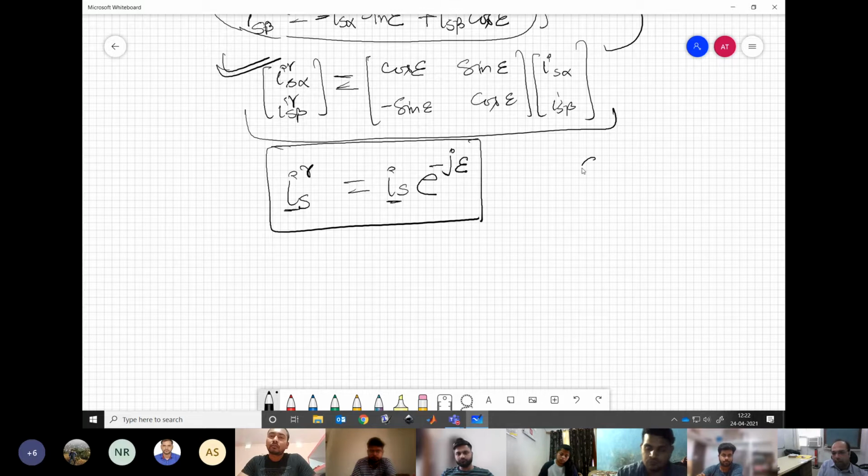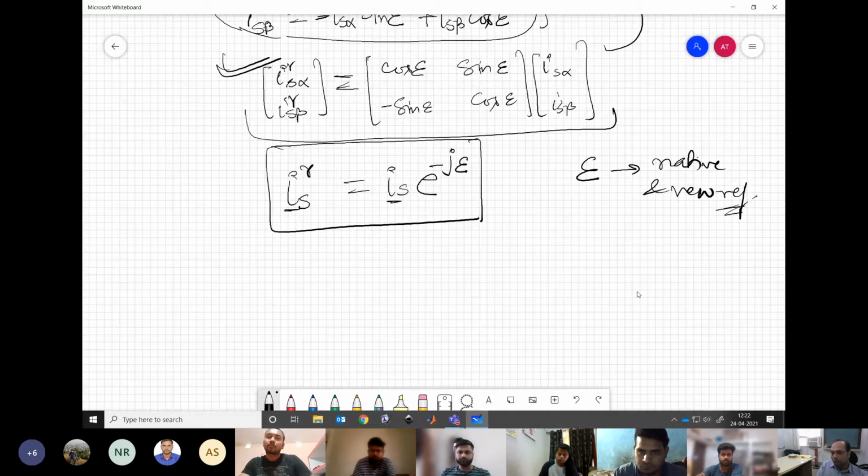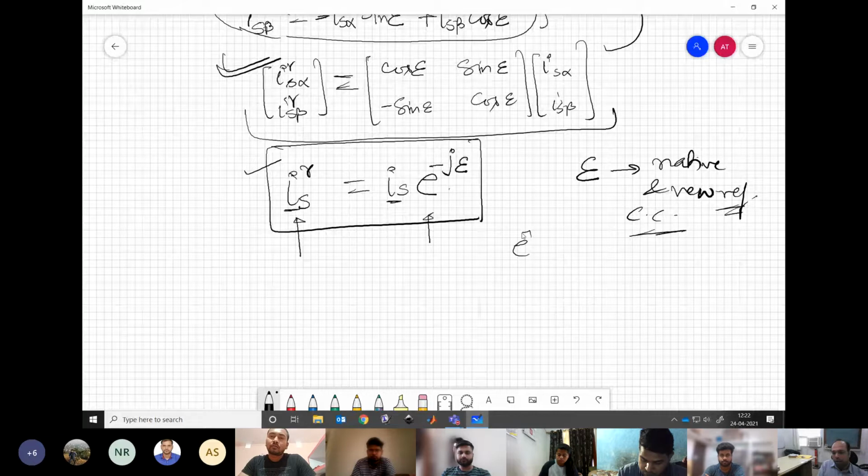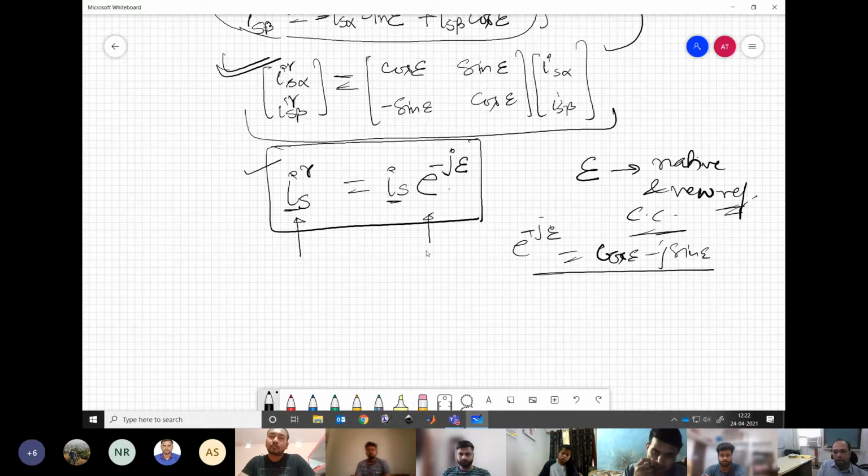If epsilon or any other is the angle between your native and new reference frame in the counterclockwise direction, then we can write the vector in new reference frame as this. You expand this e raised to power minus j epsilon as cos epsilon minus j sin epsilon, and this will come back to whatever we have originally done, the two components.